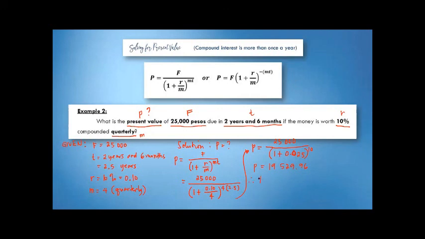Therefore, the present value is 19,529 pesos and 96 centavos. So this is how we solve for present value under the topic of compound interest that is more than once a year.